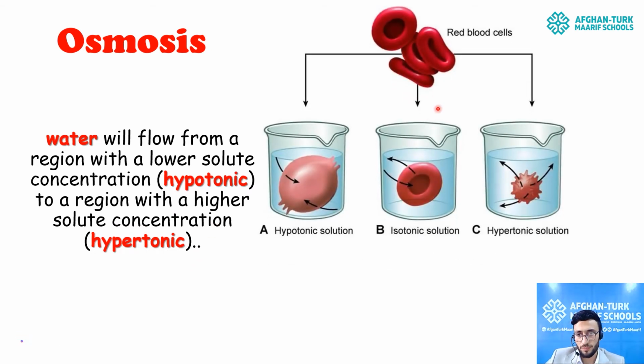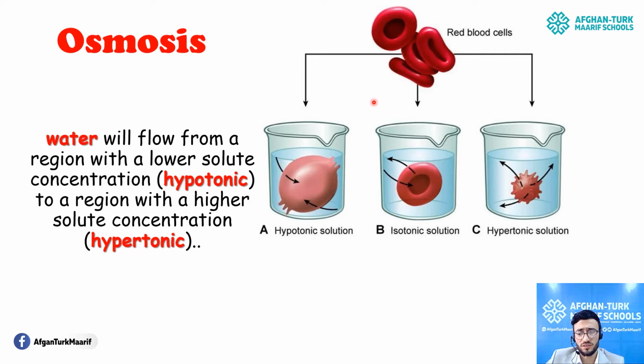According to this picture, if you put the red blood cell in 3 different types of osmotic pressure that are possessed by solutions, we can divide the solutions according to their osmotic pressure into hypotonic solutions, isotonic solutions, and also hypertonic solutions.